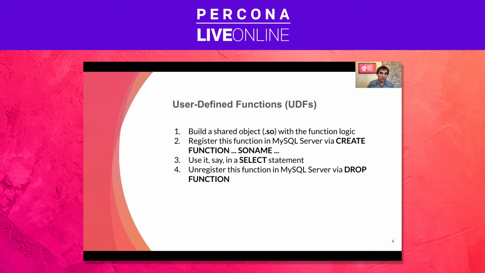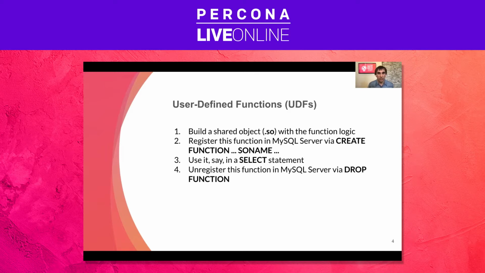So, rephrasing a bit what we saw on the previous slide, we need to create a user-defined function. We need to have a dynamic library, or a shared object, which is how it's called on Linux, with the function logic. Register this function in MySQL Server via CREATE FUNCTION with a name.